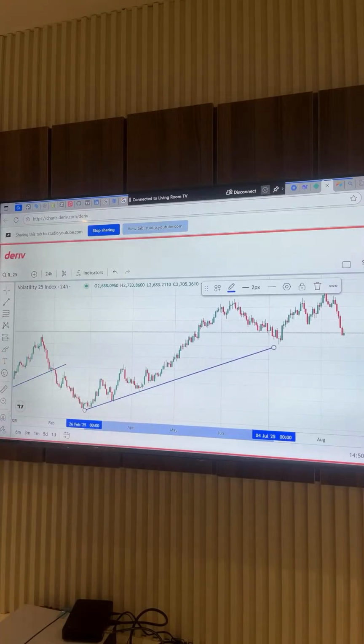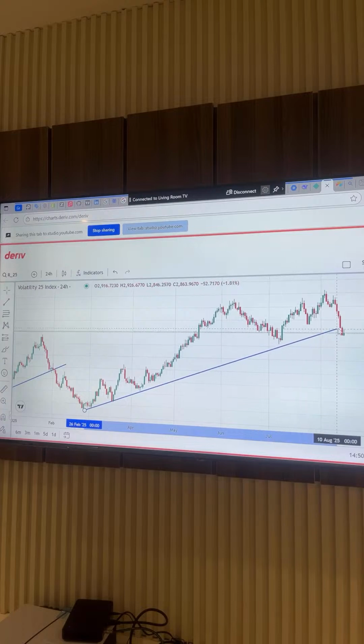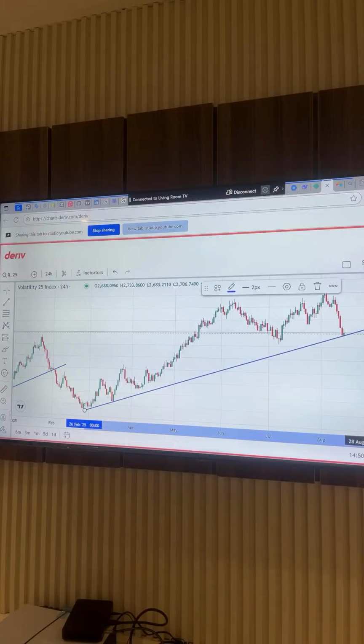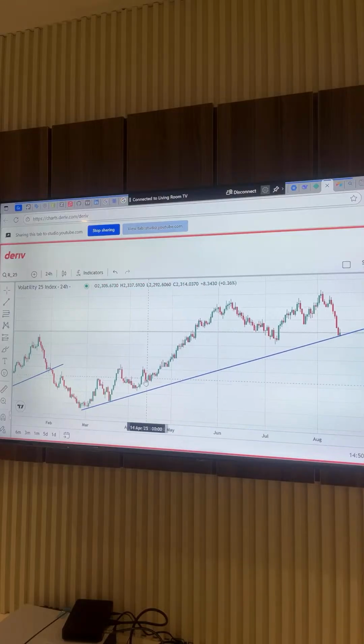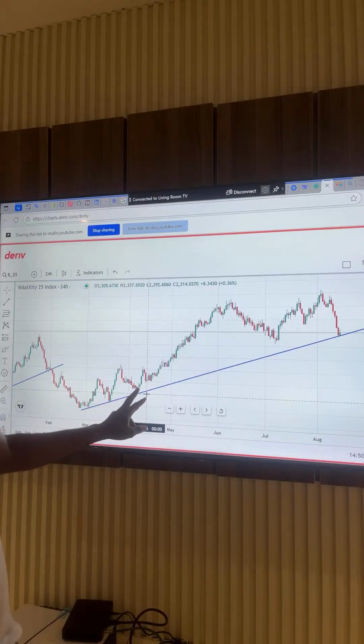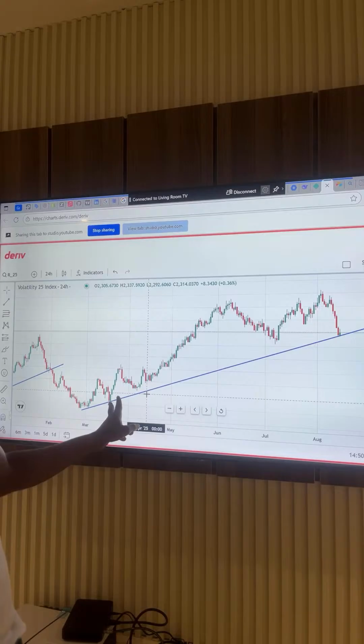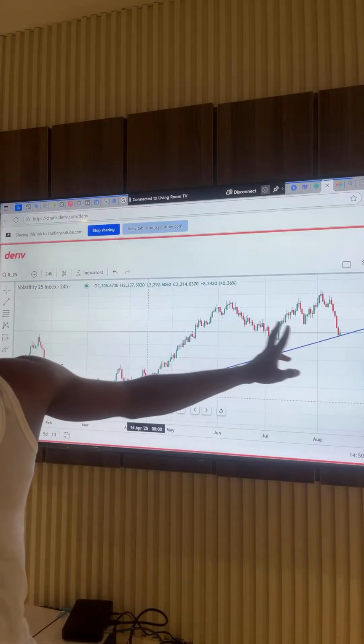So as you can see now, this line still remains valid because it hasn't been broken, and this line now gave us another entry point. When the market didn't tap this point, here and here become another trend line to draw.